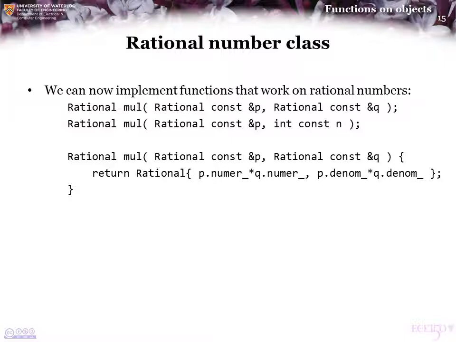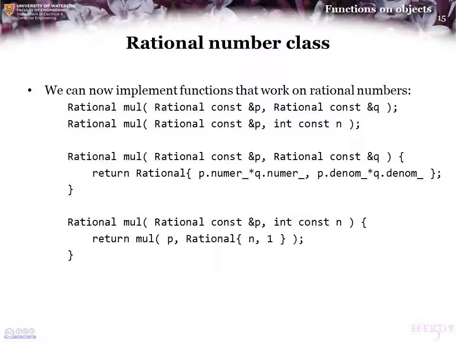Now, for calculating the product of a rational number and an integer, you could just calculate the numerator of the first times n all over the denominator of the first, or, as before, we could just create a new rational, and that rational is n over 1, and we can call the previous function that multiplies two rationals, and you should expect the same answer.